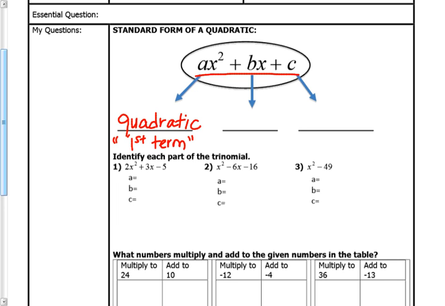The second term here in the middle is known as the linear term. This is a linear term because it only has this one single variable here. There's no exponent greater than that. So that's known as the linear term, but we usually call it the middle term.